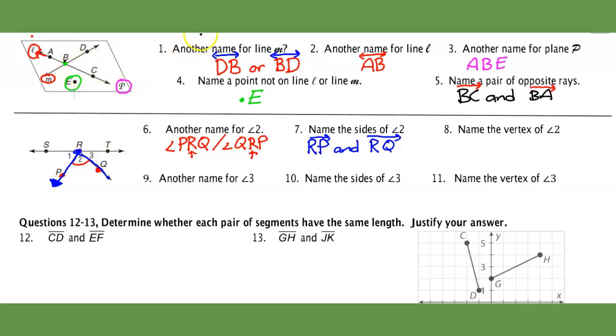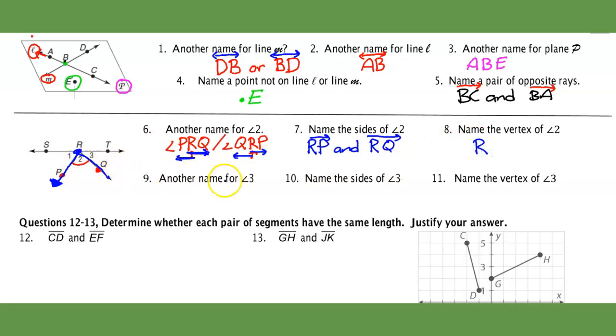We can also get that from our angles if we wanted to. Here's RQ, and then right here we have RP. So that's one ray, that's another, and it wouldn't matter which one we pick here. We can always get the sides of an angle, the rays of an angle, from its actual name. All right, name the vertex of angle 2. Okay, so we're still here, so that would be point R.